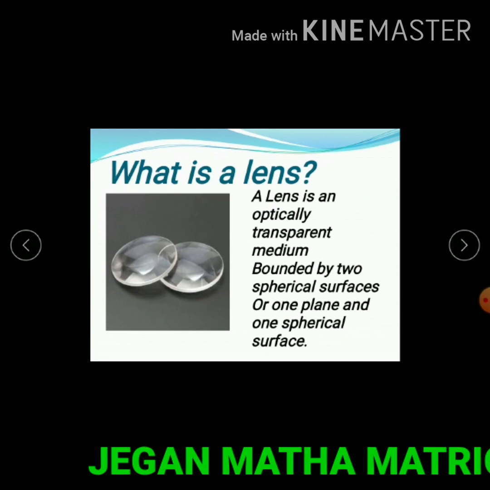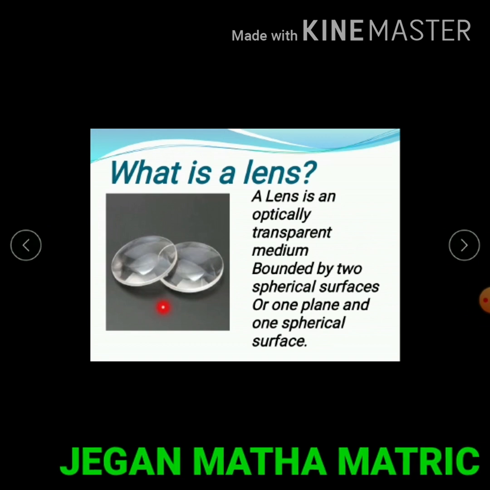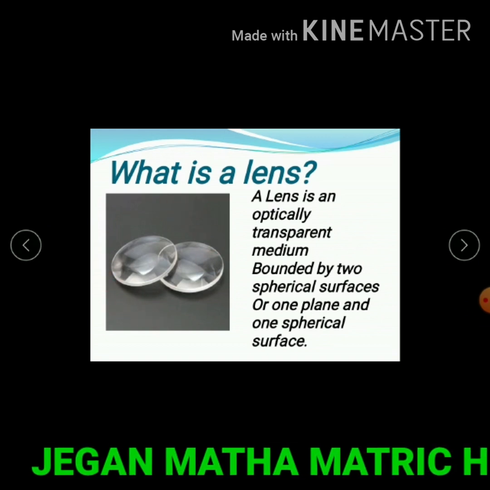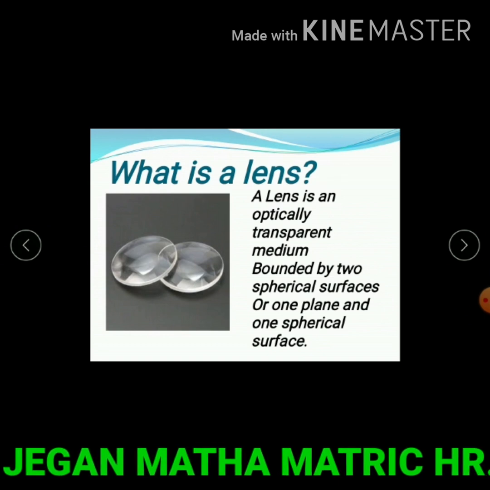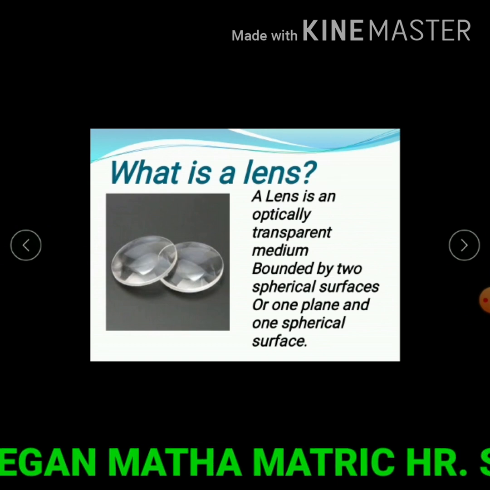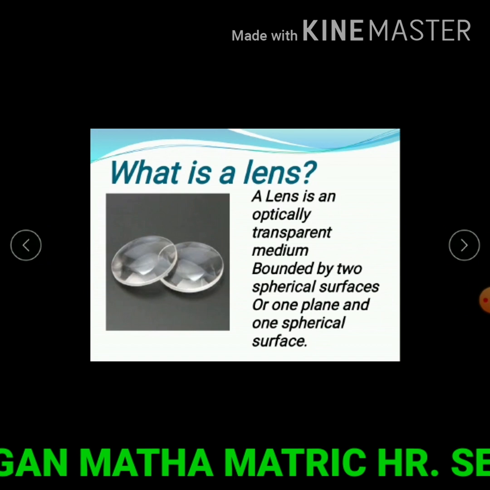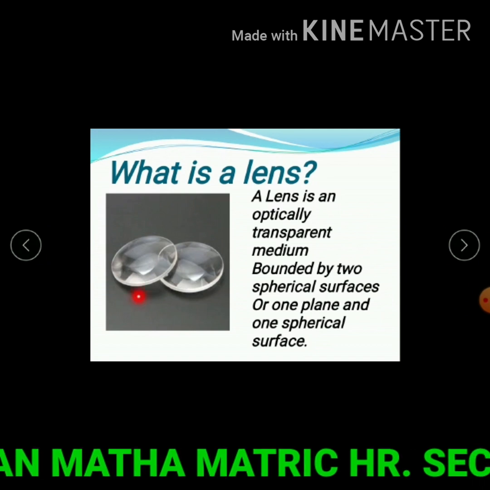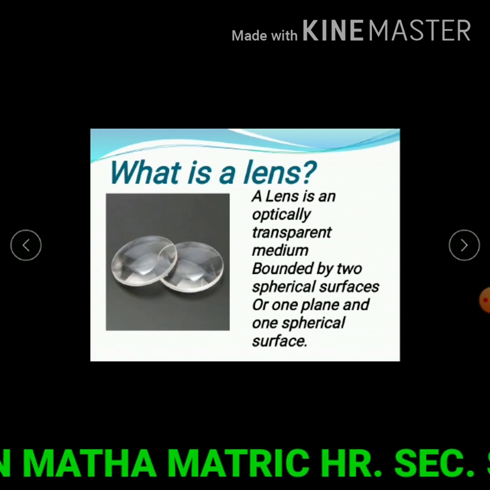What is a lens? A lens is an optically transparent medium bounded by two spherical surfaces or one plane and one spherical surface. So each lens has two surfaces.